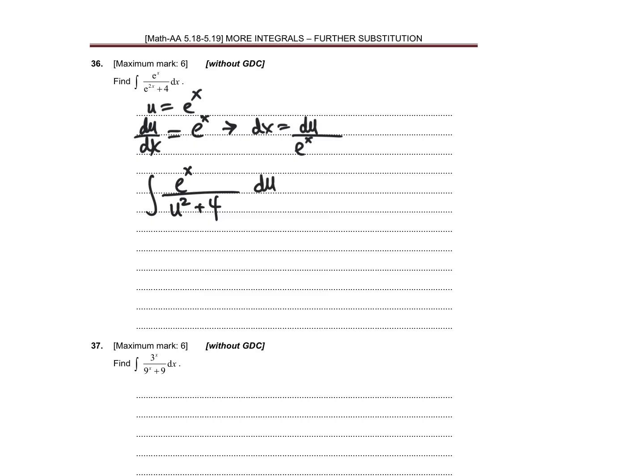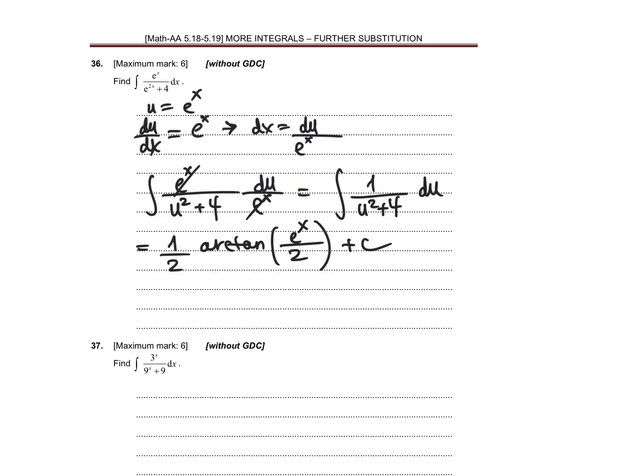And then du over e to the x. So that these cancel. And this is going to become arctan. So this is going to be 1 over 2 arctan u, which is e to the x over 2, plus c.